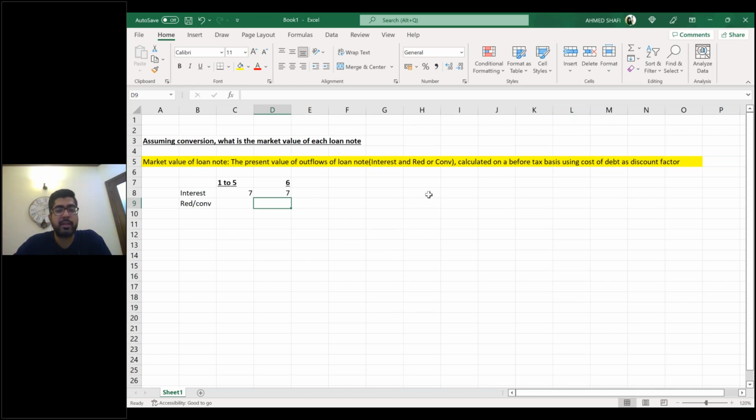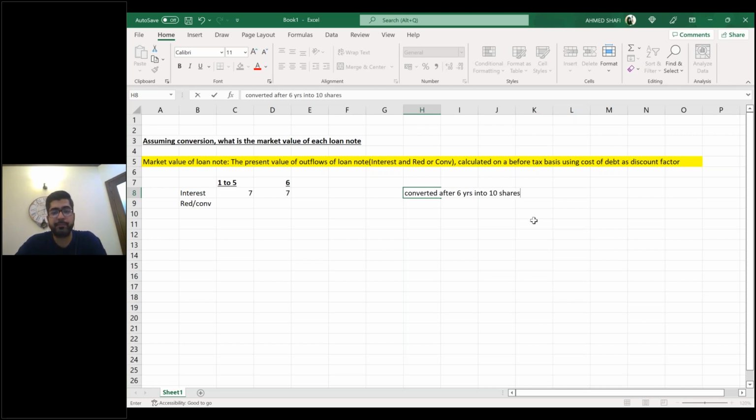Now look at the conversion. It's converted after 6 years into 10 shares per loan note. Each share is of 7.1?